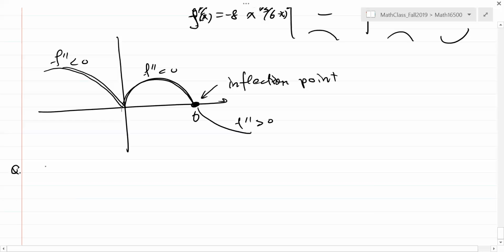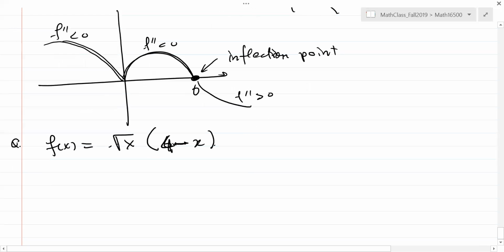All right, so let's take a look at the next one: square root of x, 4 minus x. It's a very similar problem, but this time it's slightly different. x cannot be negative.